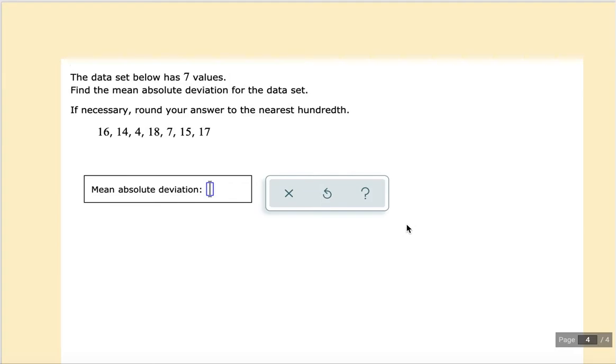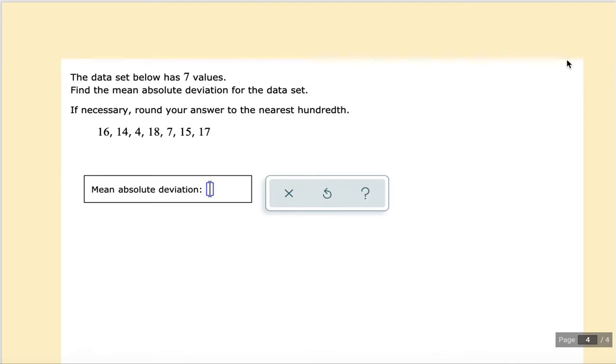So in this case, how far are all the numbers from the average? A mean absolute deviation is one number which represents the average distance all the numbers are from the average of the set. So that's called mean absolute deviation.